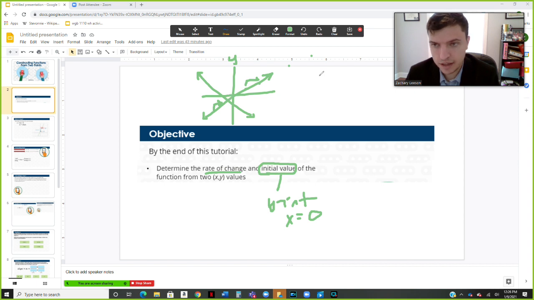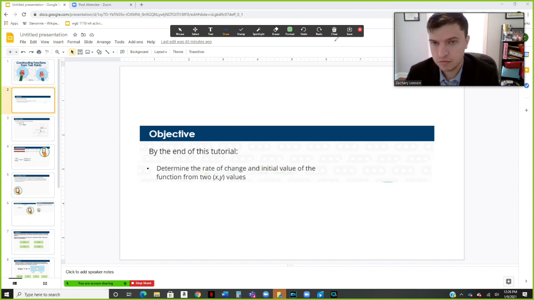Every line that isn't a vertical line will cross the y-axis at some point, and that can be a place where we can apply the slope or the rate of change and start building our line. You can build a line from any point as long as you know at least one point on that line and a slope, which is pretty cool.